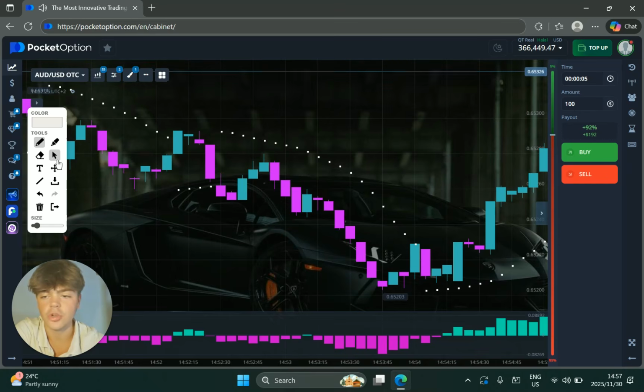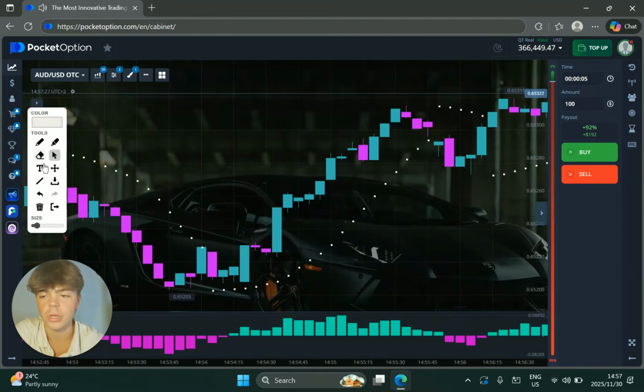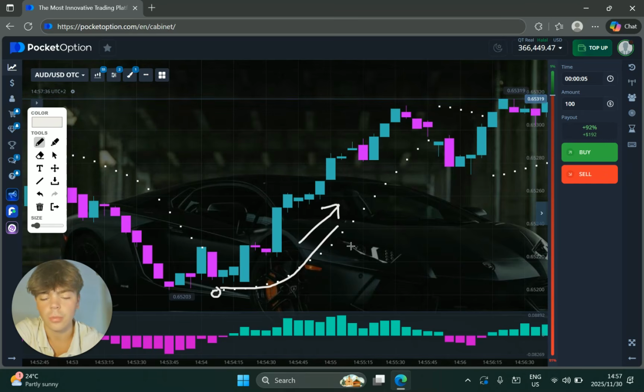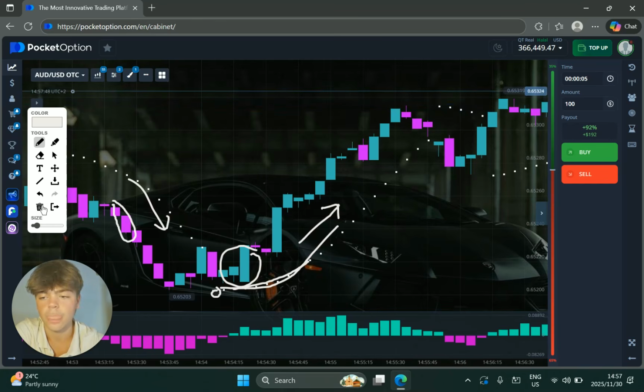The complete opposite is true for an uptrend, where when the dots are below, as we see here, all the way up, we follow an uptrend. Another easy way to know is when the candlesticks are above the dotted line, you're in an uptrend, and when the candlesticks are below the parabolic SAR, you will be in a downtrend.